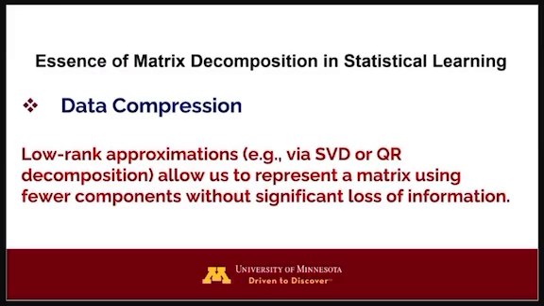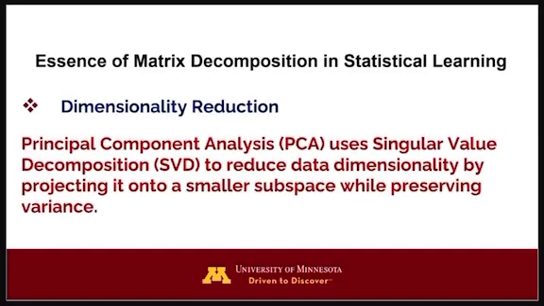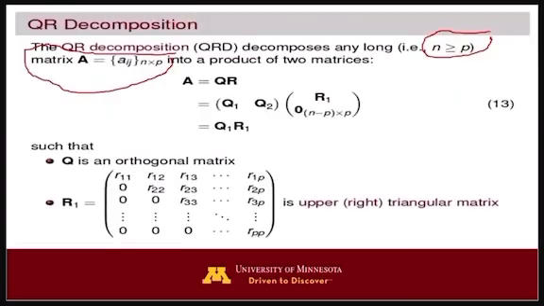So in data compression, I want to compress my image in such a way that I don't lose the total quality. Then I can use a low rank approximation like SVD or QR. You know, the other time we were talking about QR, right? I'm going to take you back. This QR is very useful in image compression. Does that make sense?